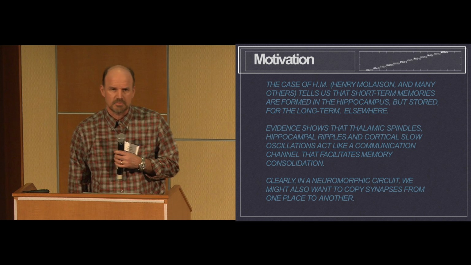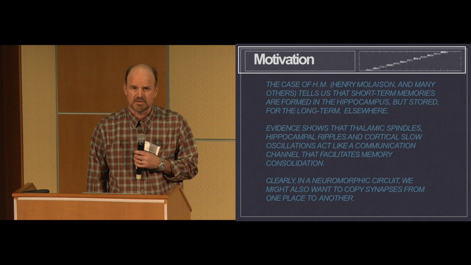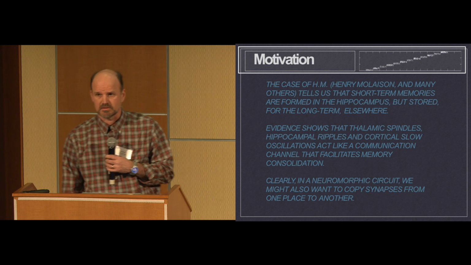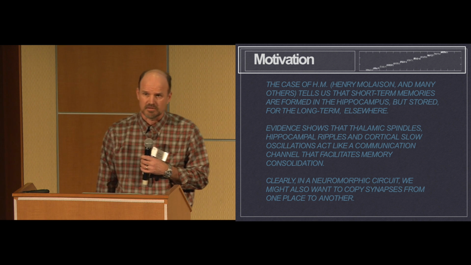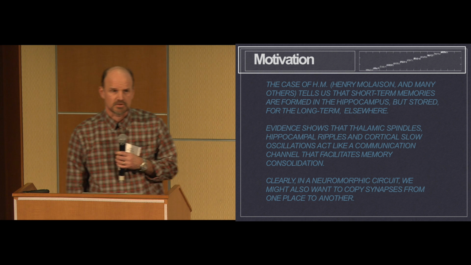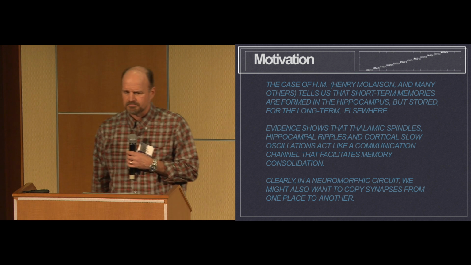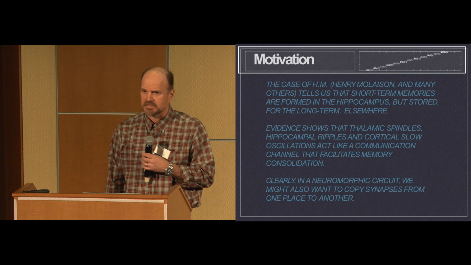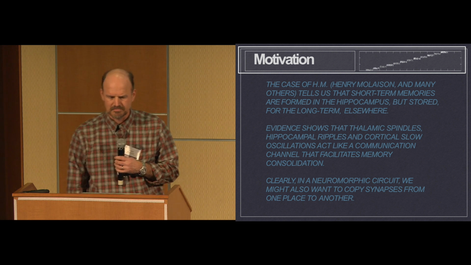This led to people suspecting that short-term memories were learned in one place, in particular the hippocampus, but then transferred elsewhere for long-term storage into the cortex, in particular the prefrontal cortex, and that somehow the lesions had cut the connections that made that possible.